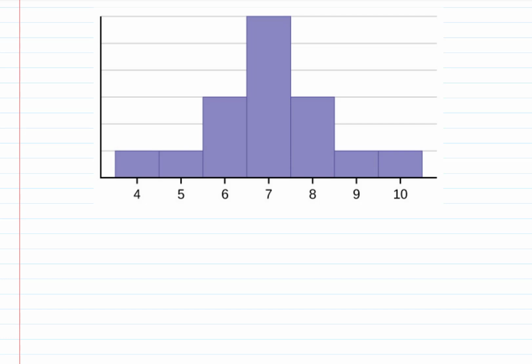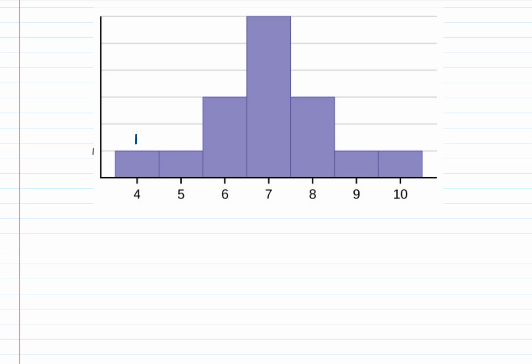Okay, so let's write down the frequency of each of these data points. How many people, when you asked them a survey, how many people recorded an answer of 4? There's one of those, right? I'm getting that from right here.